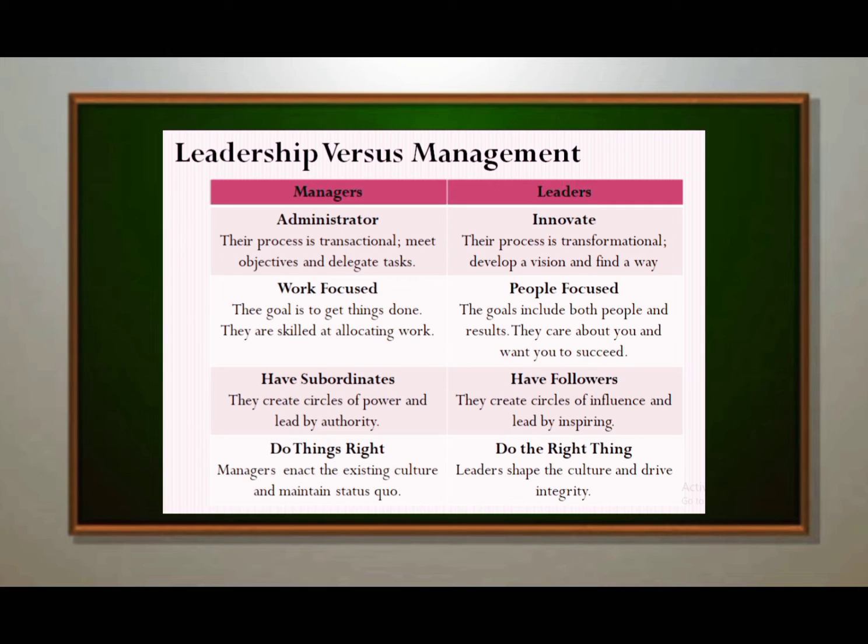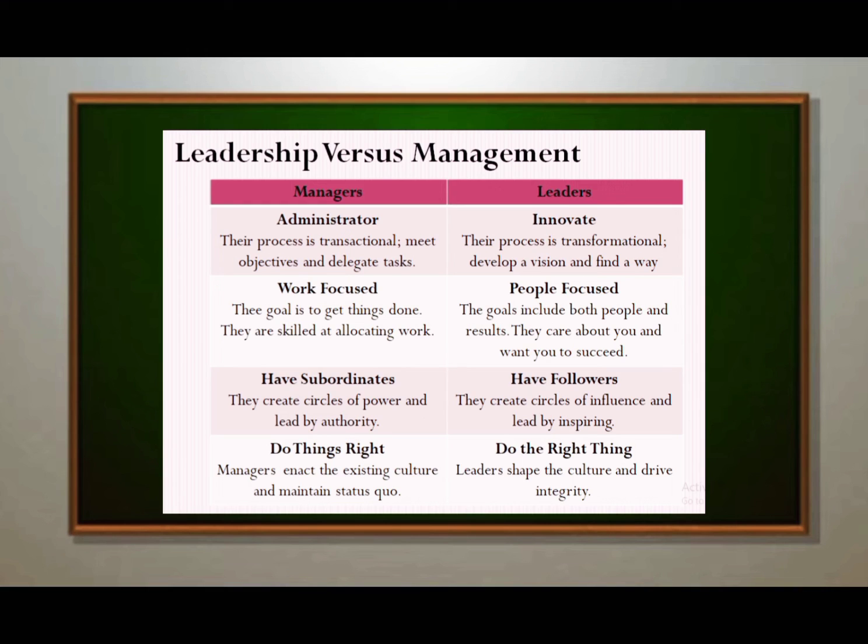Their process is transformational: develop a vision and find a way. Managers are work-focused. The goal is to get things done. They are skilled at allocating work, while leaders are people-focused. The goals include both people and results. They care about you and want you to succeed.